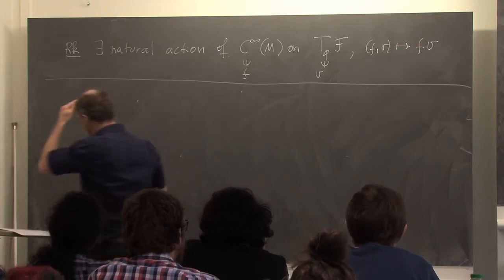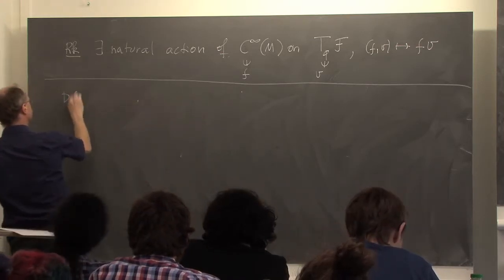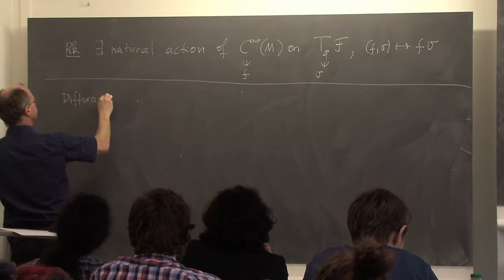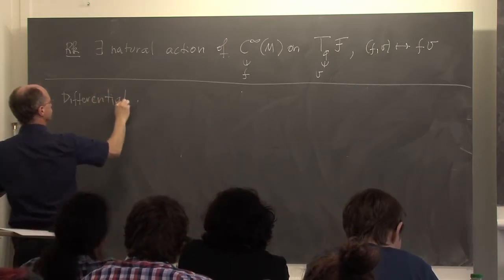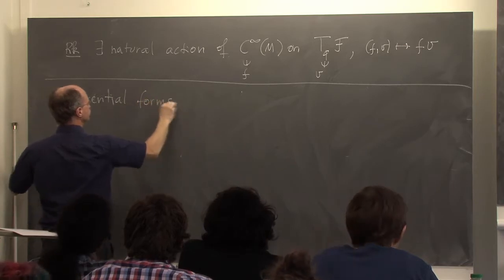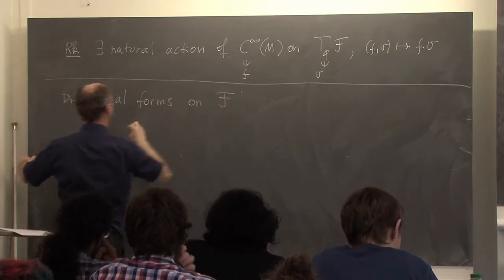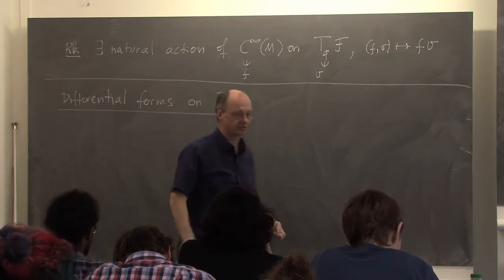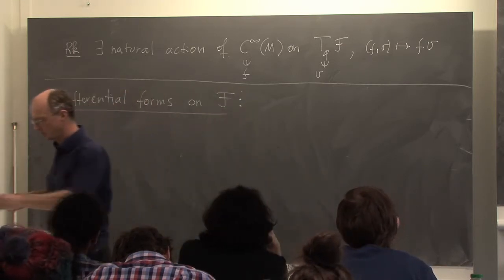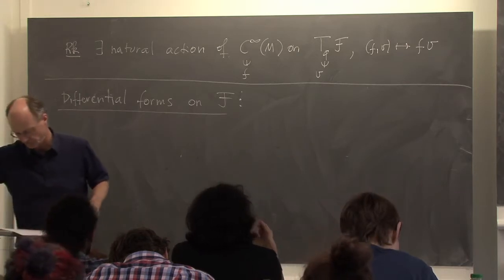Maybe a little bit of generalities on differential forms on F. So we'll, in a second, work with some very concrete differential forms, but just in general, how should we think about it?